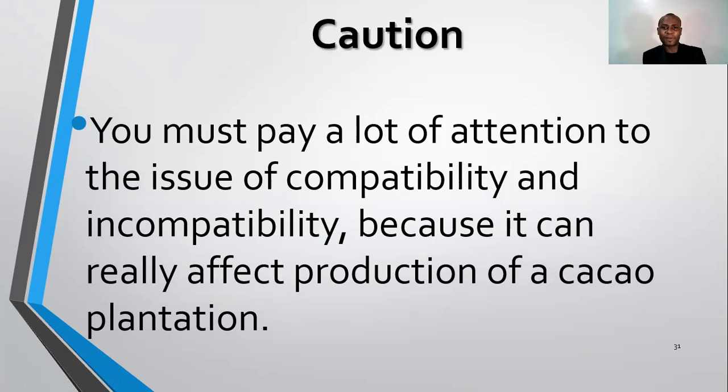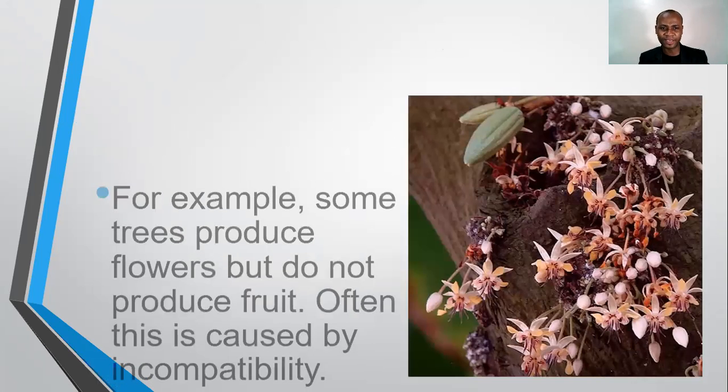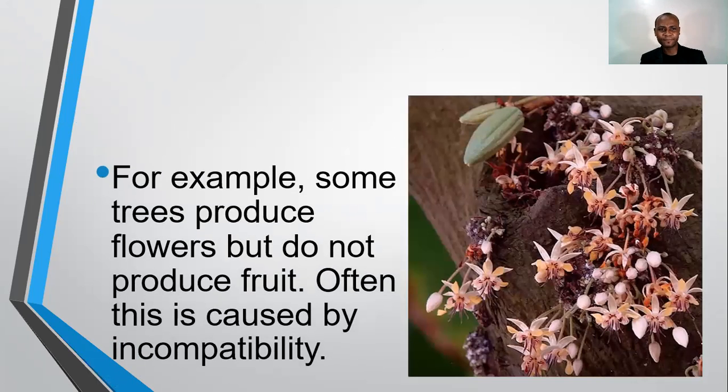So if there's one particular thing you really have to pay attention to as far as fertilization is concerned, it could also be this. Okay? All right. So as you can see over here, for example, some trees produce flowers, but do not produce fruit. Often it is caused by incompatibility.